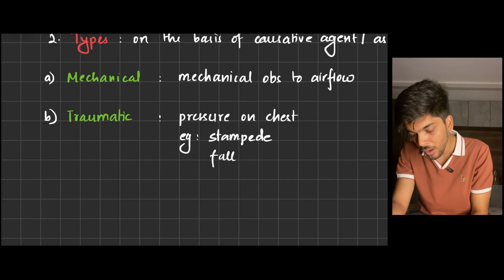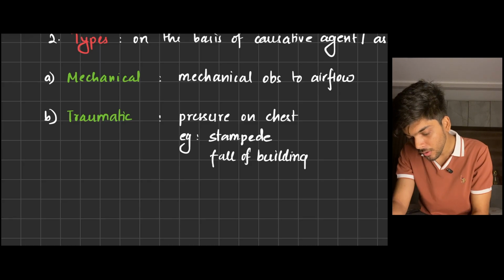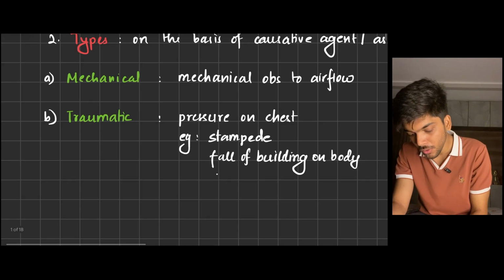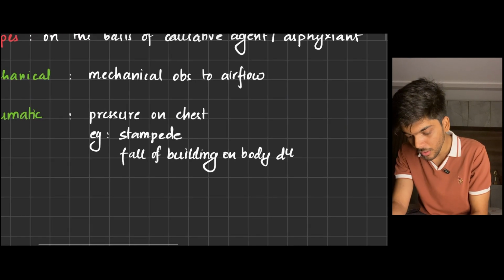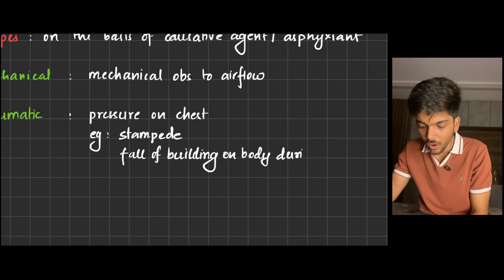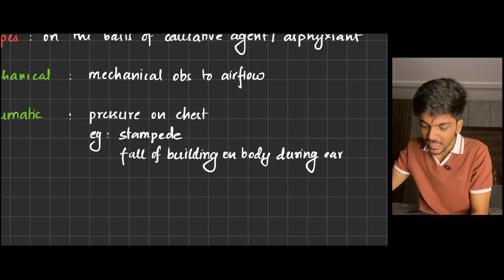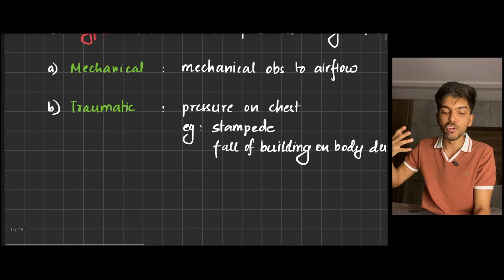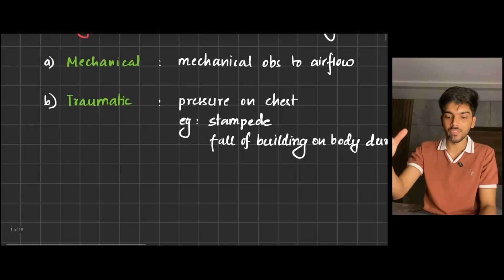Or a fall of building on body during earthquake. So during earthquake, building, it collapses over your body and the same thing happens. You are unable to breathe, leading to traumatic asphyxia.